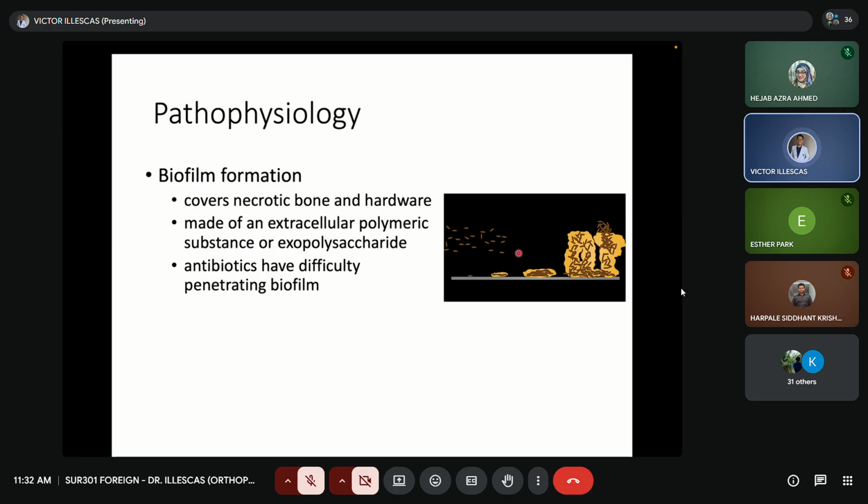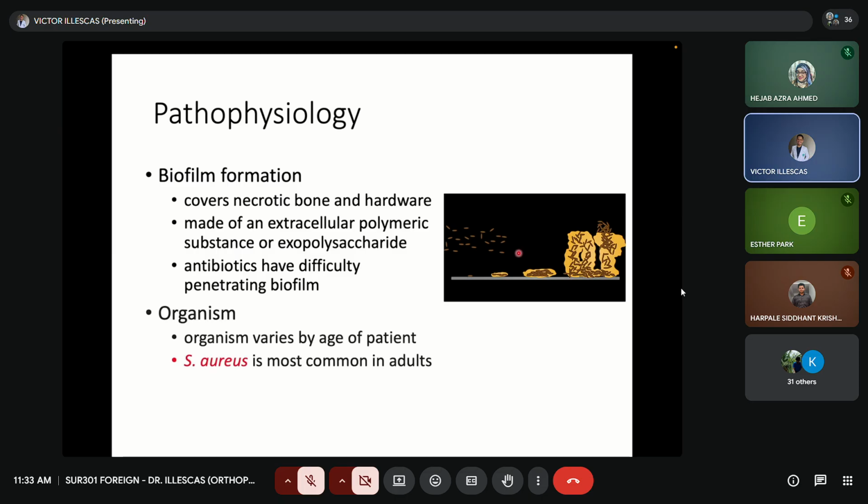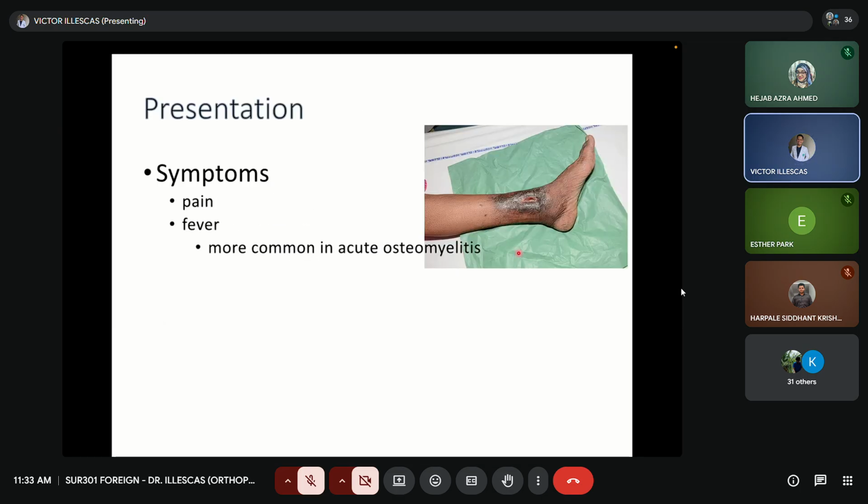It's like the bacteria forming a shell over itself that will not be amenable to IV antibiotics. So the only way to remove an infected implant inside the body is to actually remove the implant itself. That's the only way. There's no IV antibiotics that would cure an infected implant inside the body. The most common organism for this is Staph aureus still.